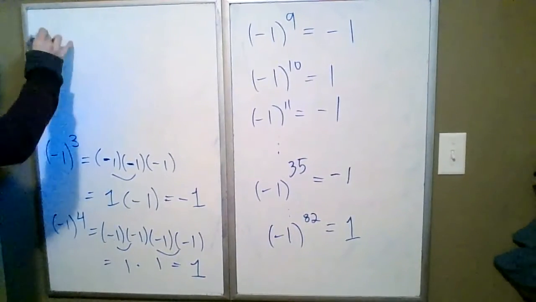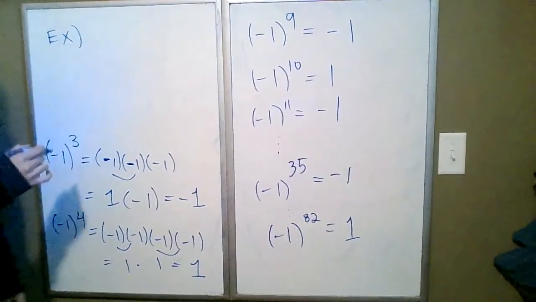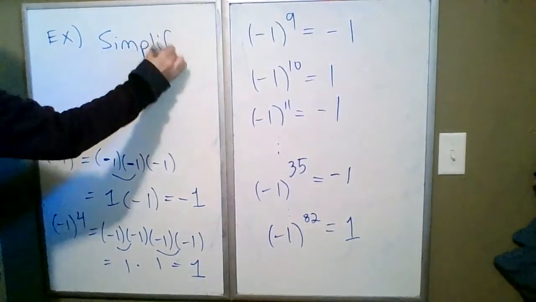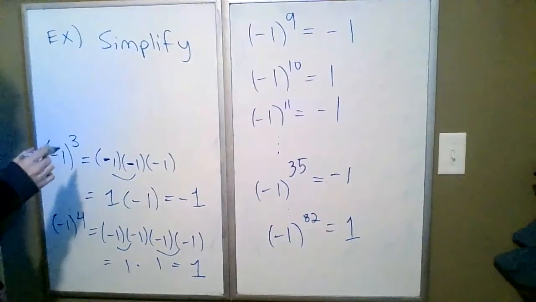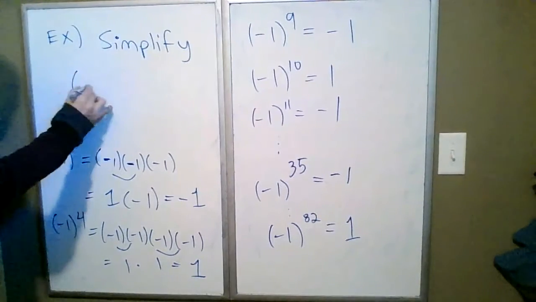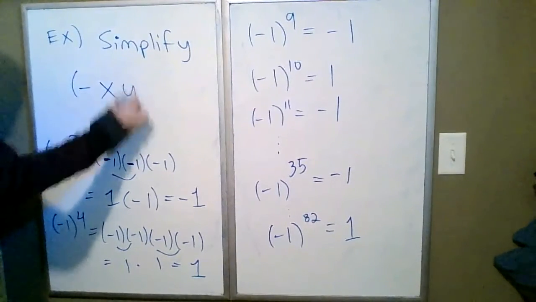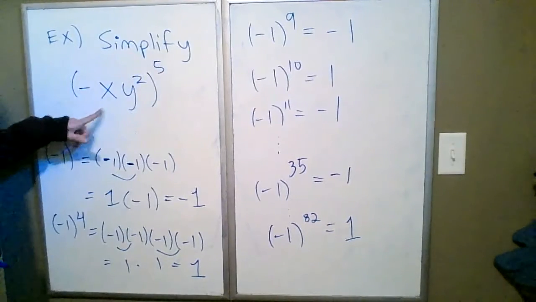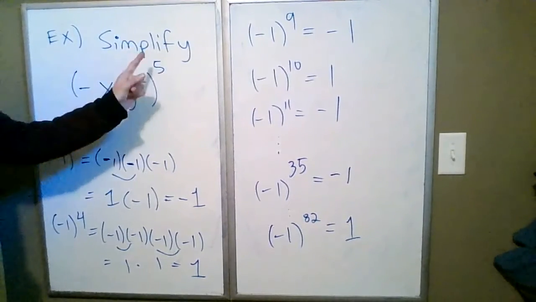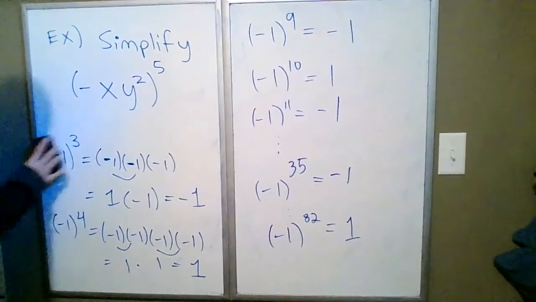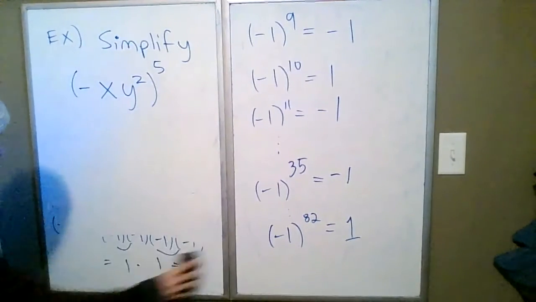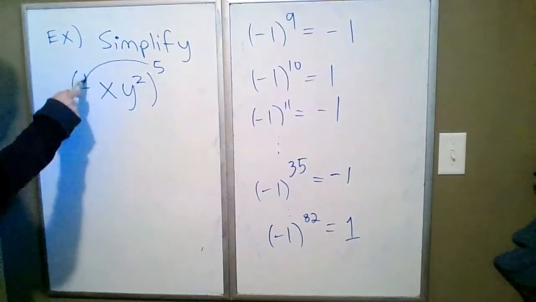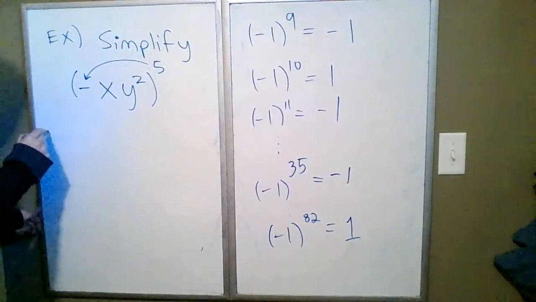We're going to use this in something like an expression that we want to simplify, and it has a power on some negative number: negative x y squared, all raised to the power 5. I'm going to take this as -1 and raise it to a power of 5.